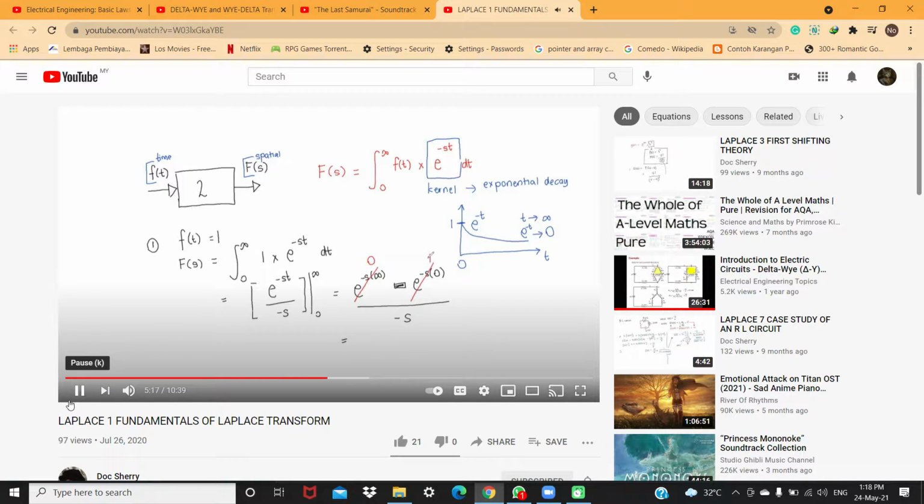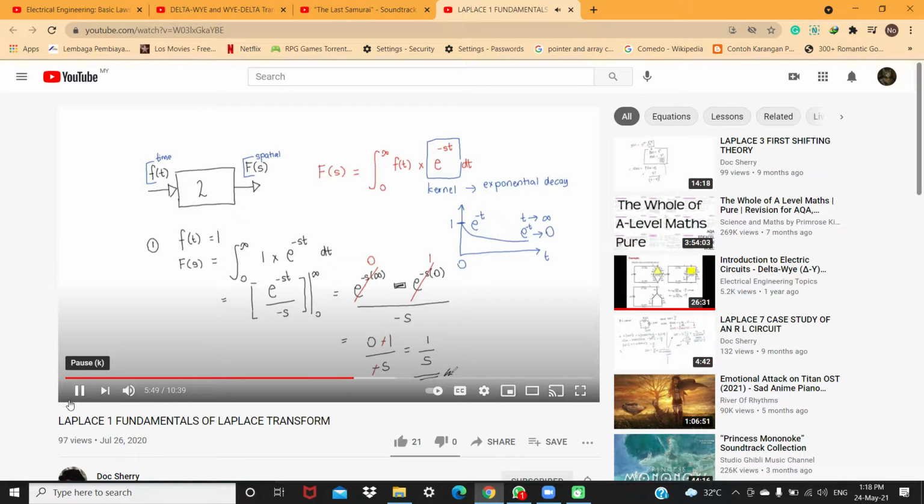So we can substitute the values here. You will get 0 minus 1 over negative s, and we can cancel off the negative from top and bottom, and you will get an answer of 1 over s. It's as simple as that.